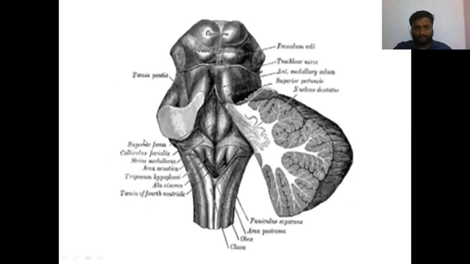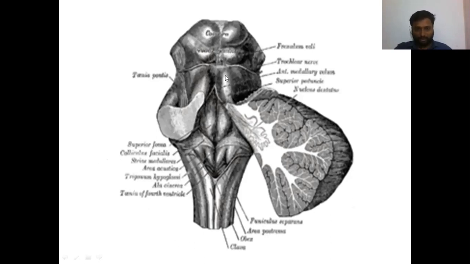What is that superior cerebellar peduncle? This is also the posterior view. Here, this is one cerebellar hemisphere. I told you the brainstem, which includes the midbrain, pons, and the medulla, is connected to the cerebellum through three peduncles.